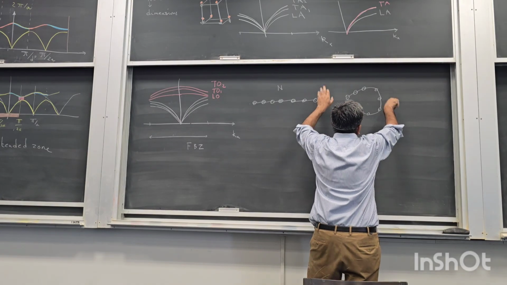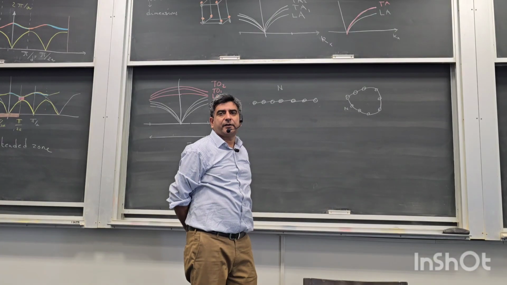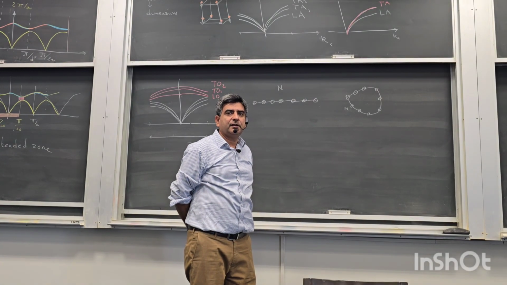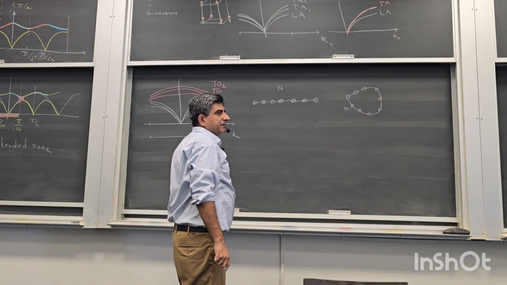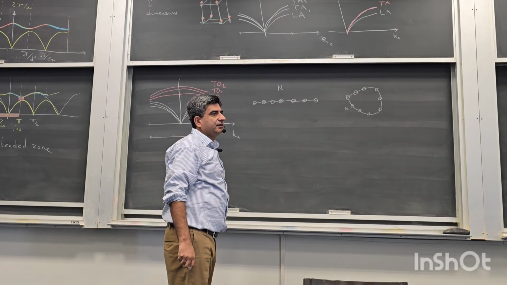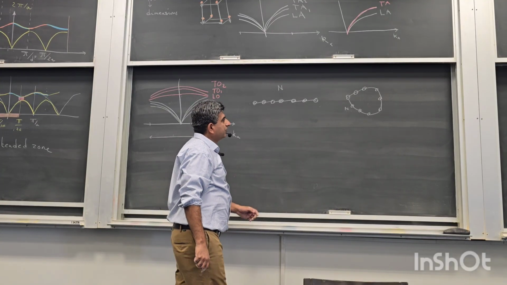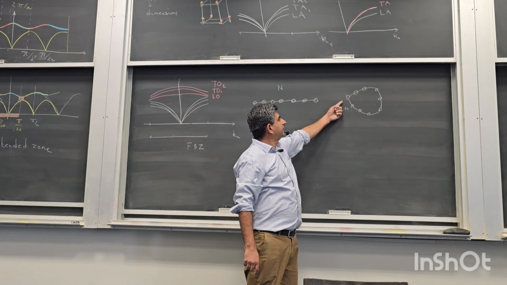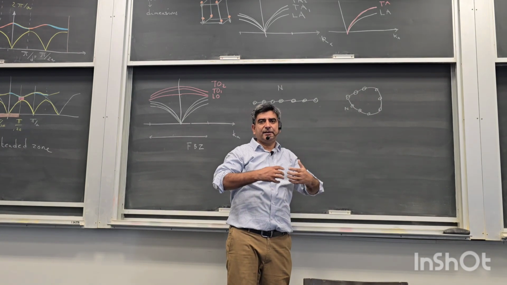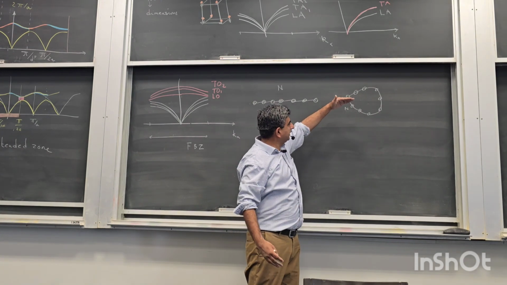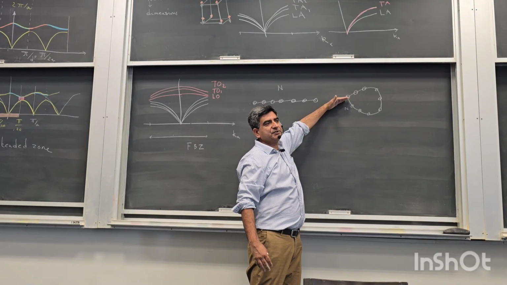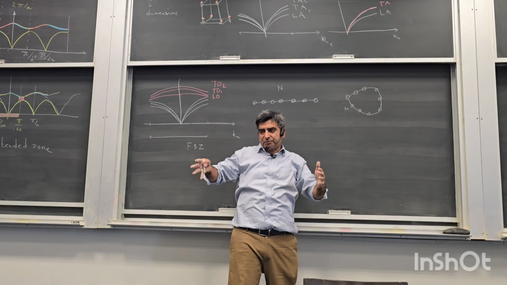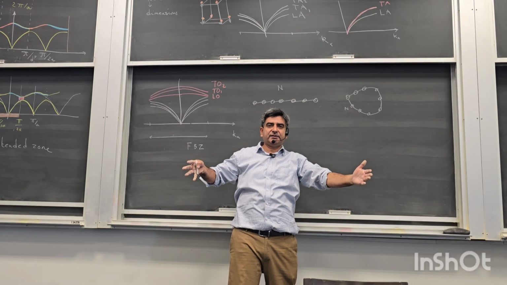So this chain is now forming a ring, and my displacements are such that the displacement for the first and the Nth, so it's periodic, so the boundary conditions are periodic, which means at one edge what happens is the same thing that happens at the other edge.